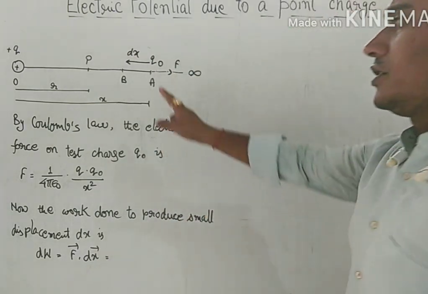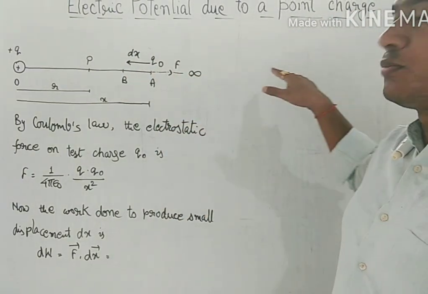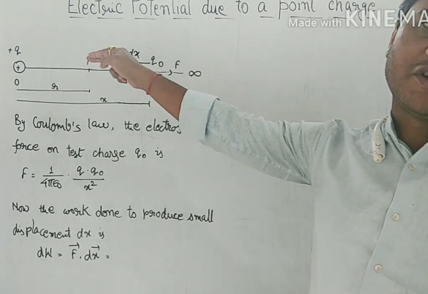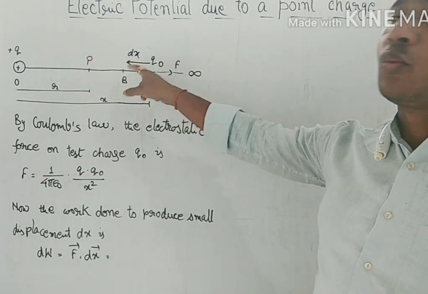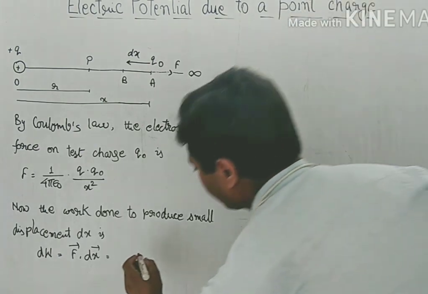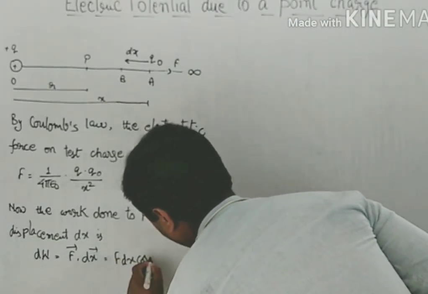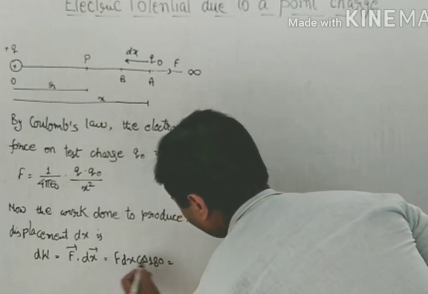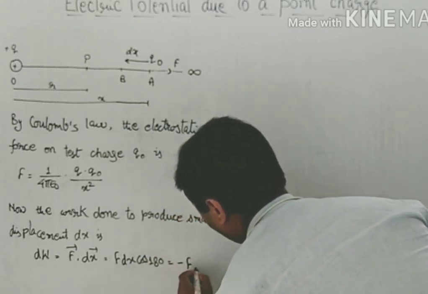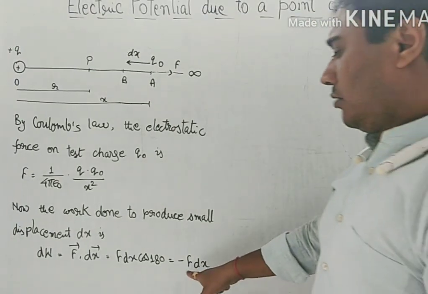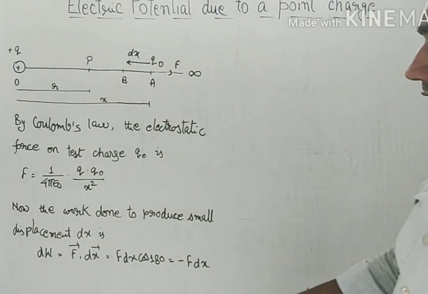As can be seen, force is acting along positive x and displacement is being produced along negative x, so the angle between them would be 180. So you can write it as F dx cos 180, and cos 180 is minus 1. So this now finally comes out to be minus F dx.